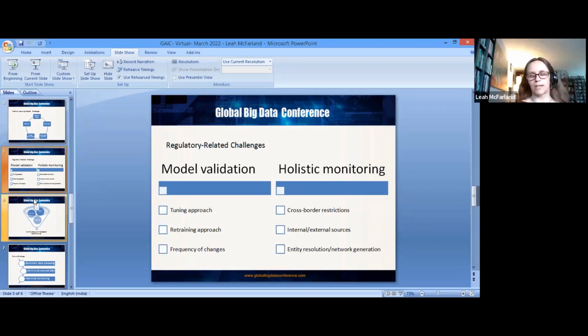And this all feeds into the issue around entity resolution and network generation. Again, I don't think it's even worth going forward without enhancing entity resolution, because it enables the identification of important connections.